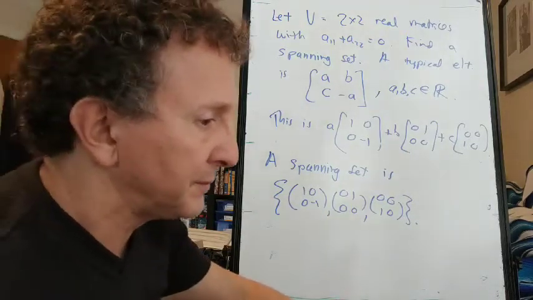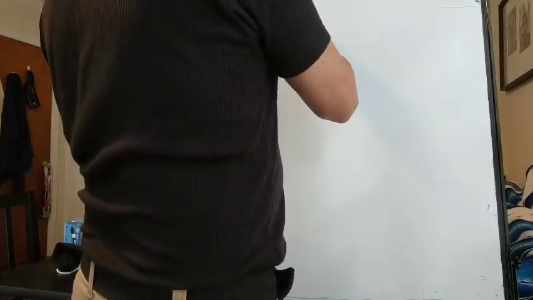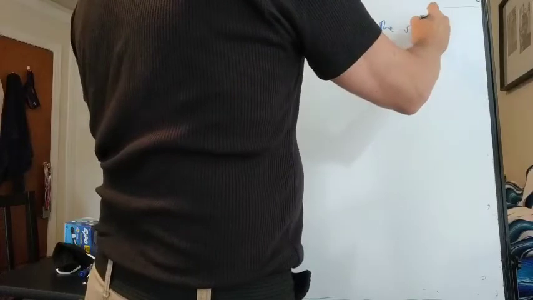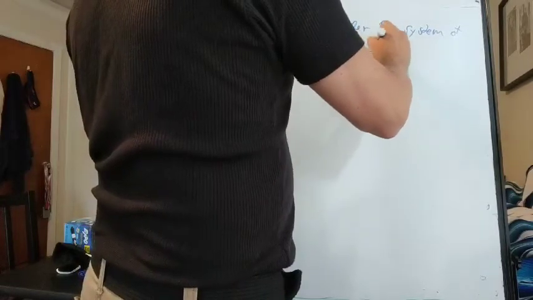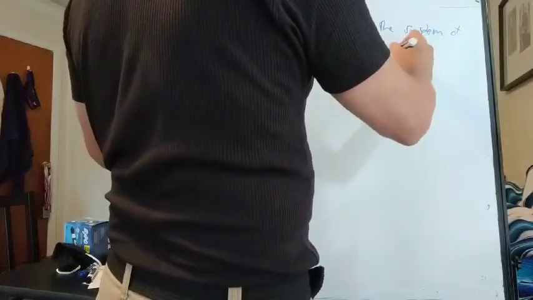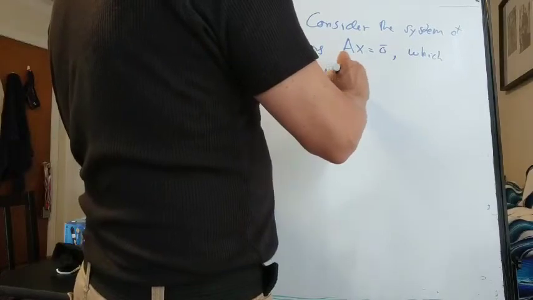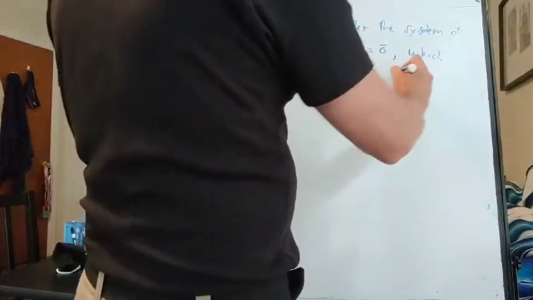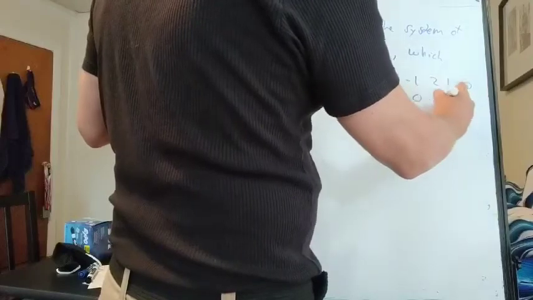All right, let's look at one more example. So let's consider the system of equations Ax equals 0, which row reduces to 1, negative 1, 2, 1, 0, 0, 0, 1, 2, 0.